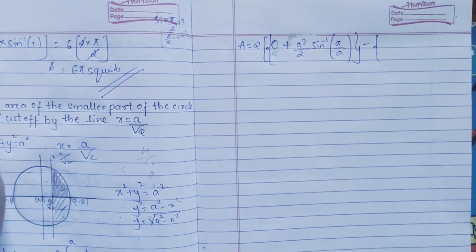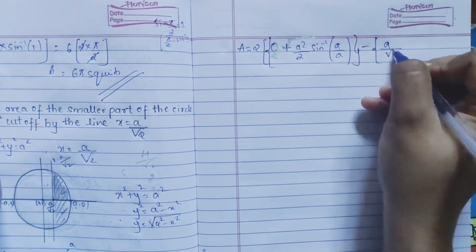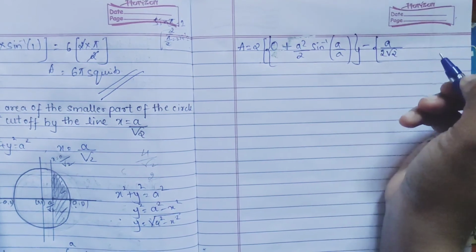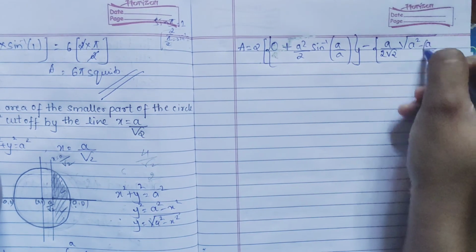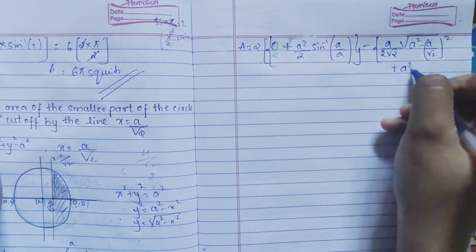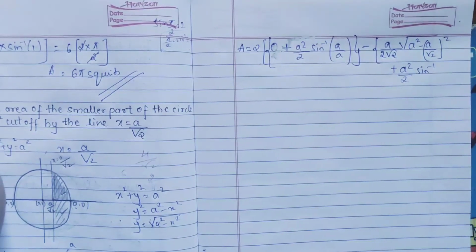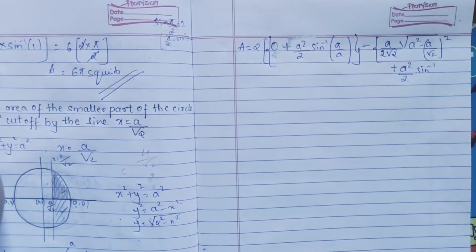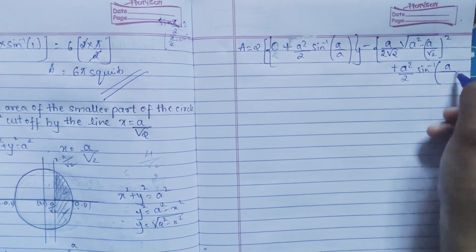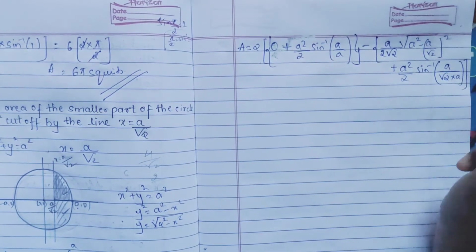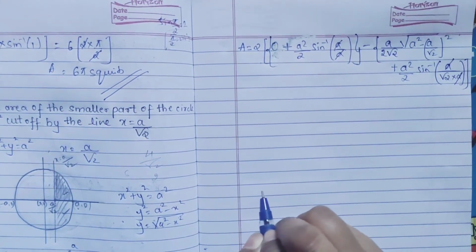So in place of x you put a by root 2, with the 2 there: a by root 2 by 2 root of a square minus a by root 2 whole square, plus a square by 2 sin inverse a by root 2 into a, in the denominator. The a cancels, and here also you get a square by root 2.